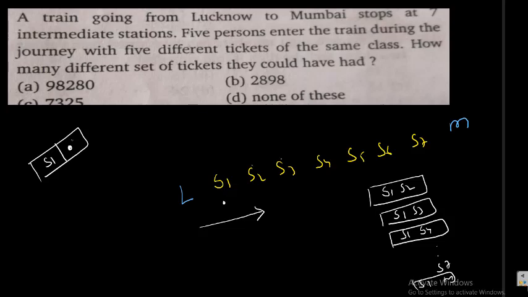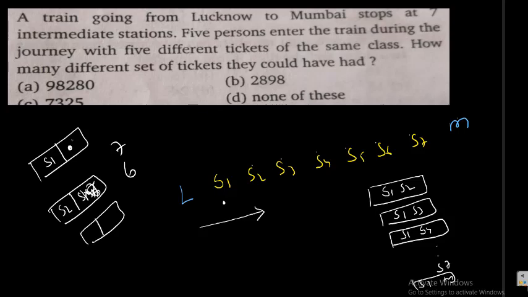So 1, 2, 3, 4, 5, 6, 7 possibilities are there. Means on a ticket S1 to what? 7 possibilities. Next another ticket you will start with S2. S2 to S3, S2 to S4, S2 to S5, S2 to S6, S7 and M I can say. How many possibilities? 6 possibilities.